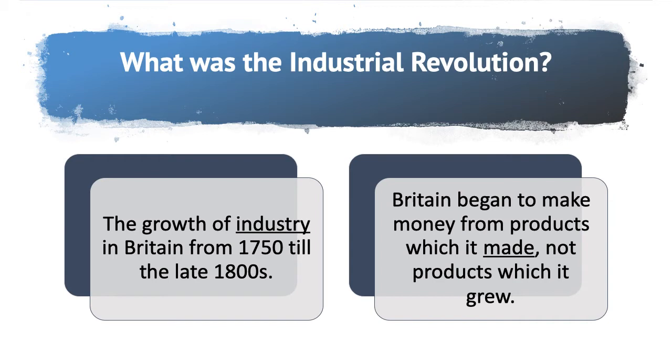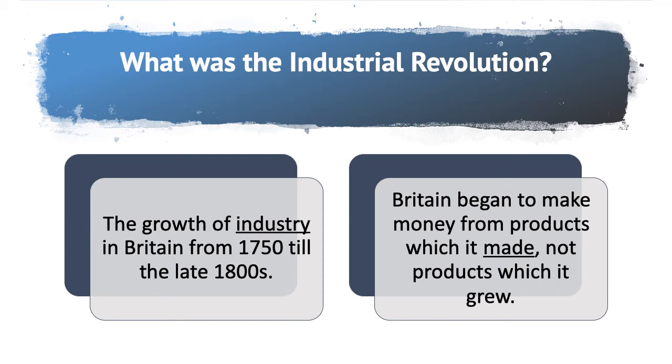What I mean by that is people lived and worked on farms. By 1900, in your second picture, hopefully what you could see there was that there were factories, that people would be going to work in these places. And that means that Britain begins to make its money from products which they make. They go to factories, they make things from raw materials, rather than an agricultural society, which was just the crops that you grew.